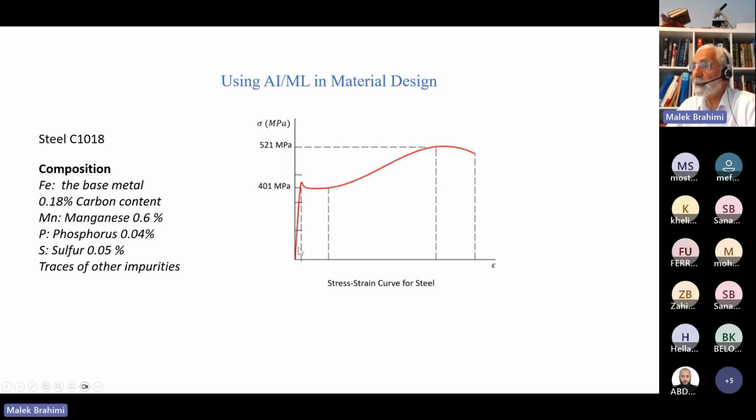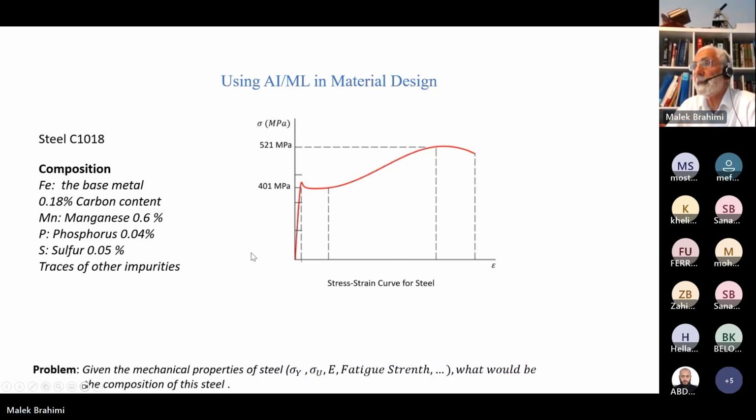Area of this triangle is the modulus of resilience. Area under the curve is the modulus of toughness إلى آخره. يعني كثير من mechanical properties نحصل عليها. يعني من هنا حصلنا على هذه المعلومات.